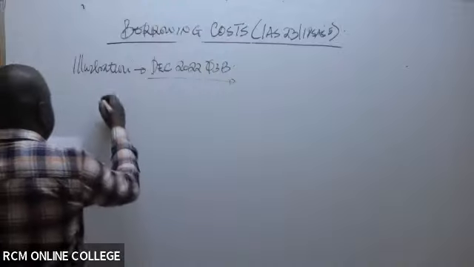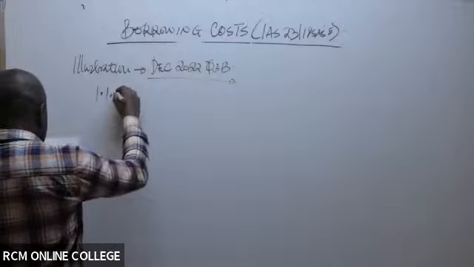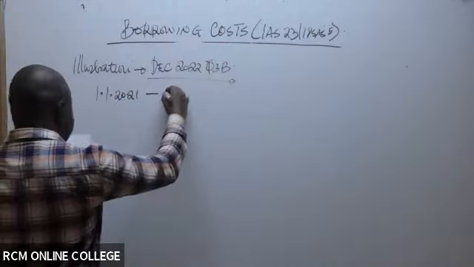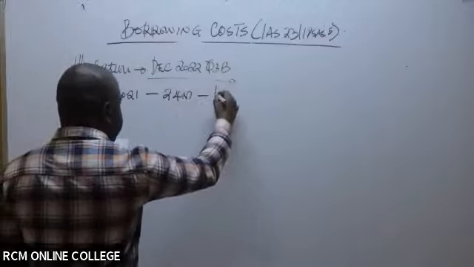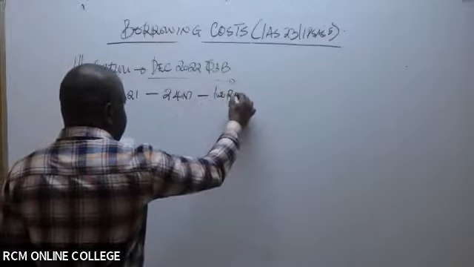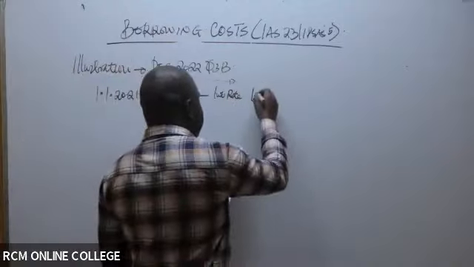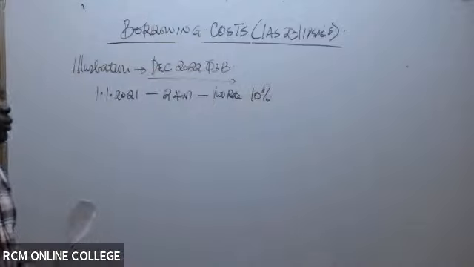So in this case, the amount borrowed was 24 million. The interest rate per annum on this particular loan was 10%.